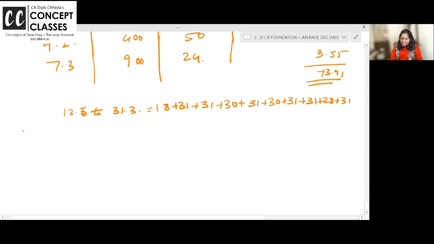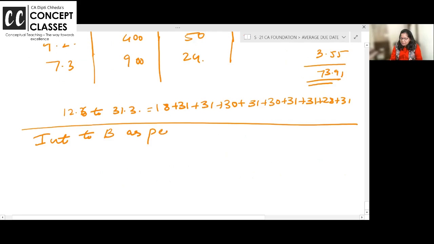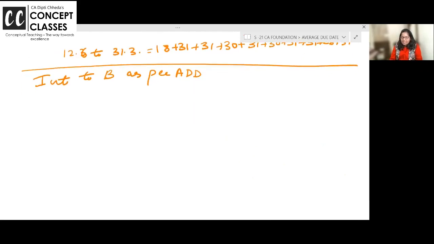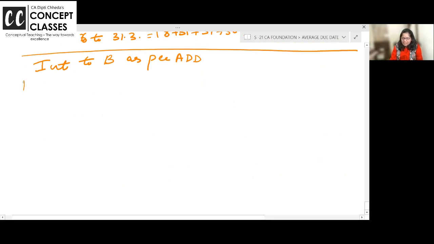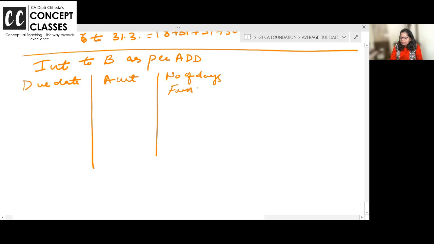Now, we'll calculate interest paid to partner B as per average due date. Can we calculate as per average due date? Yes. For that: due date, amount, number of days from base date, product.